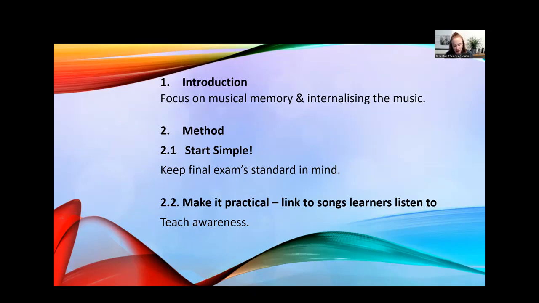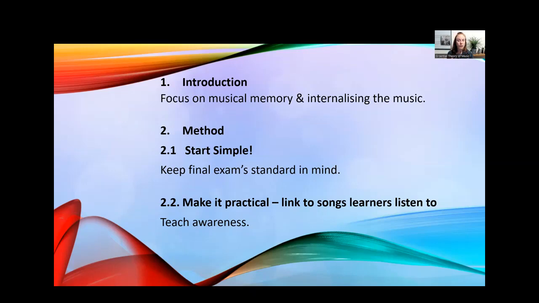Then, secondly, when it gets to the method, and I think this makes sense, but really start very simple. Ask yourself, what's the simplest way that I can teach this? And then keep the goal in mind, the final grade 12 exam.